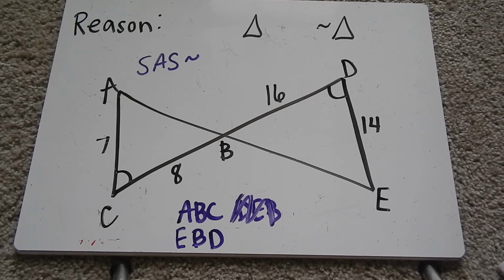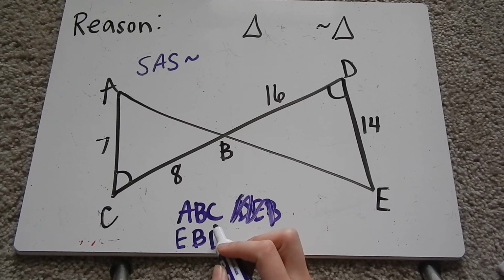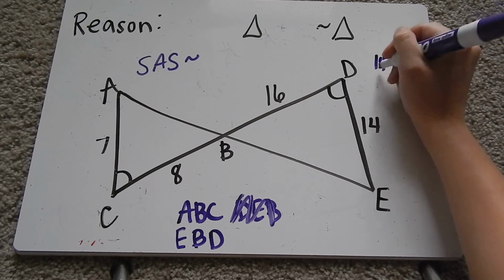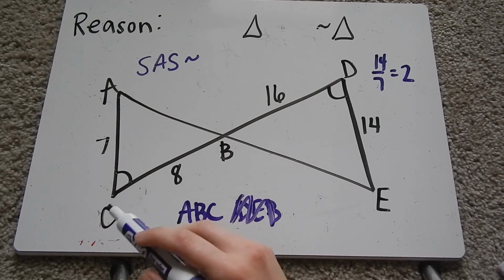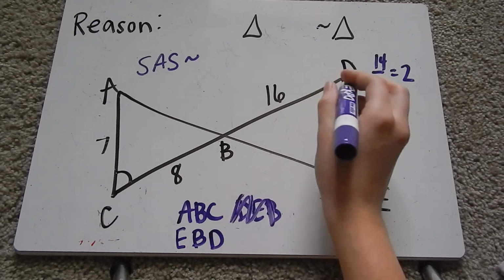So let's look at their proportions. So AC, if I look at AC here, that's going to correspond to ED. So that's going to be 14 over 7. That equals 2. Now let's do the same thing with the other corresponding sides. We have CB, or BC, that's going to be corresponding to BD here.